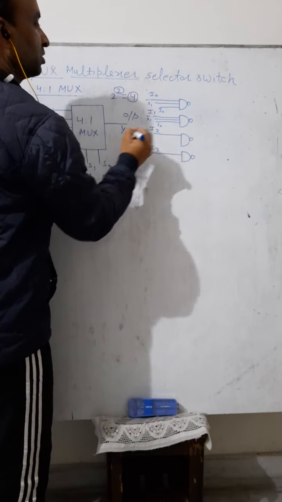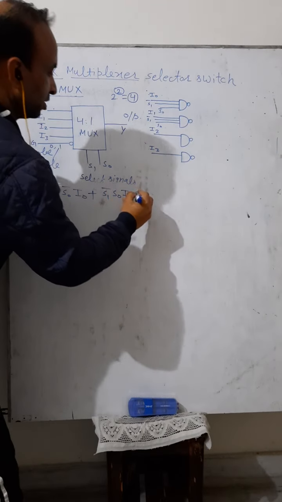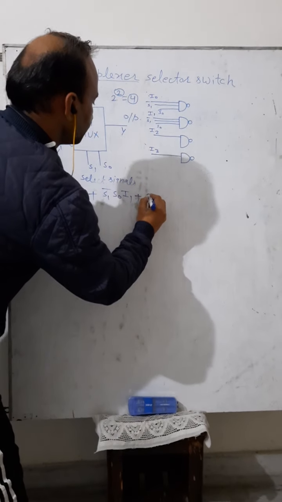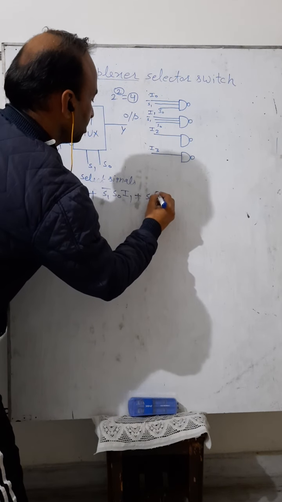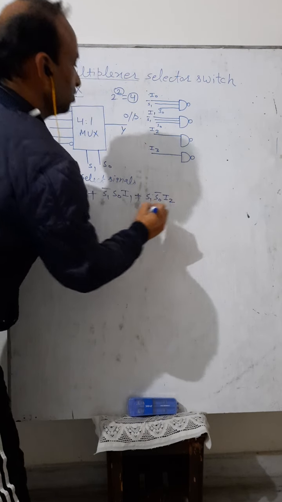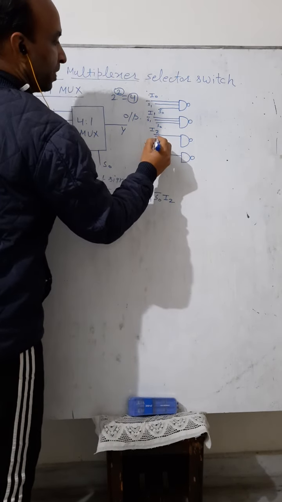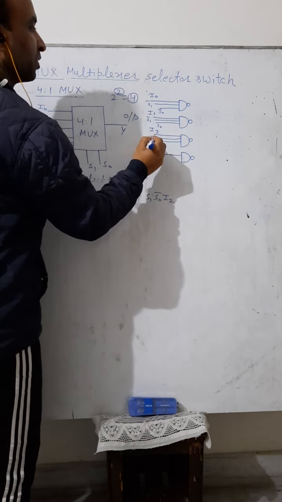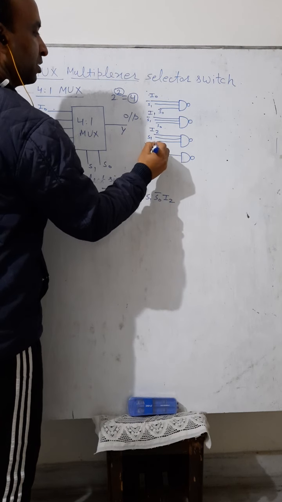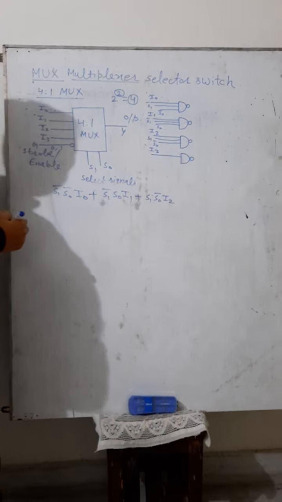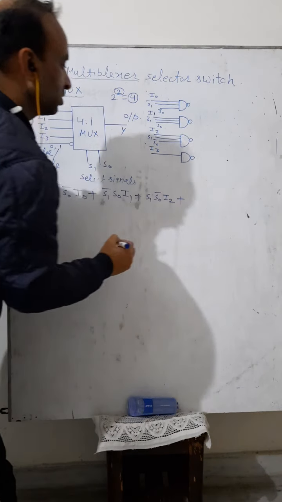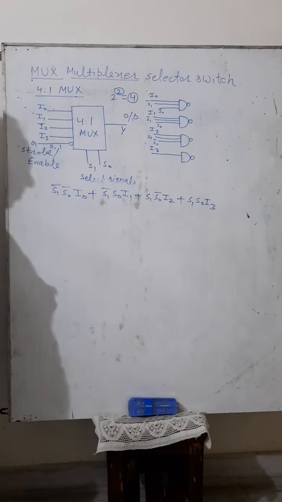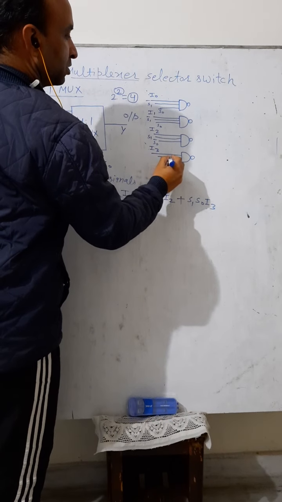Now the third product term we write as S1, S0 bar, I2. For I2, two more inputs, S1, S0 bar. Now the fourth term, S1, S0, I3. So two more inputs here.